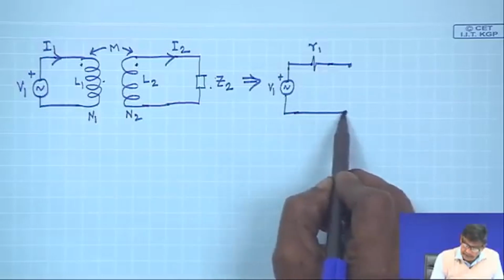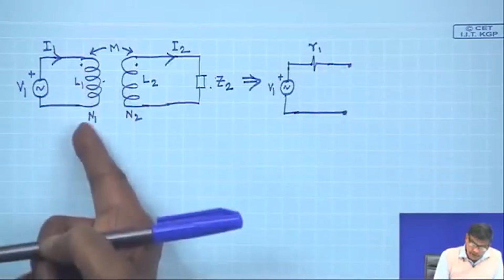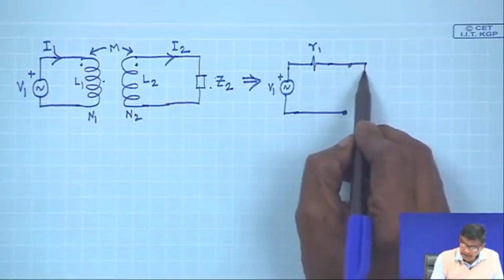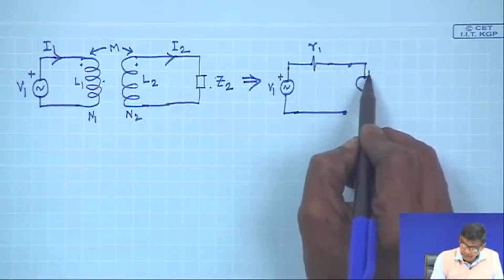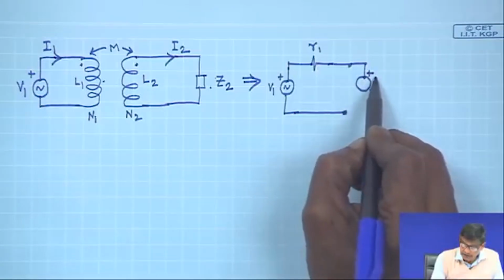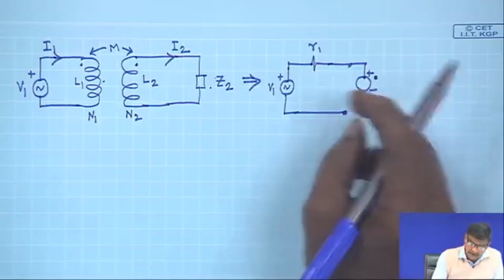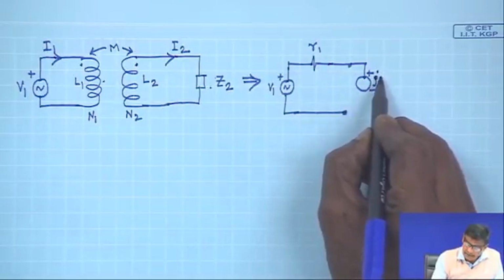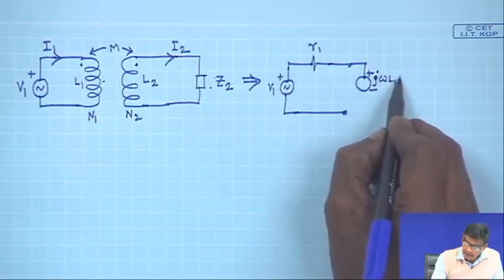Then you have two sources of EMF here because both the coils are carrying current. One, and polarity is important, is L1 dI1/dt in time domain terms, which comes out to be j omega L1 I1.